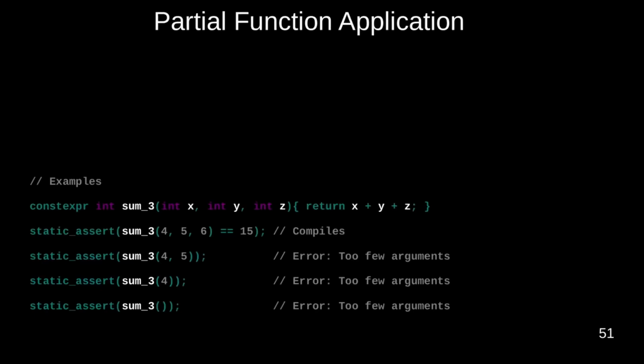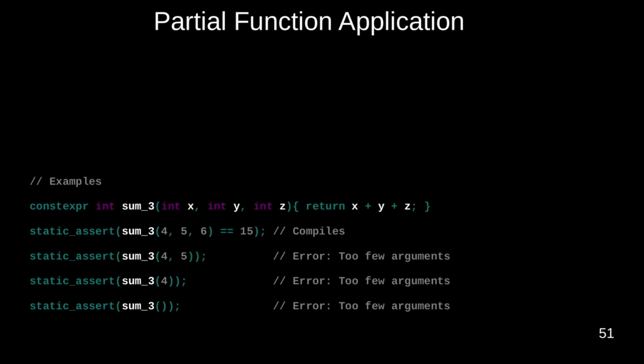So, partial function application, what's that? Well, if you have a function in C++ that just takes 3 arguments, of course you have to call it with 3 arguments. Otherwise it couldn't compile, because how could it compute the sum? But if you worked in a functional language like Haskell, you know that in Haskell you could actually call a function and not pass in all the arguments.